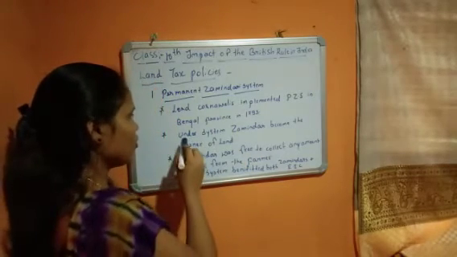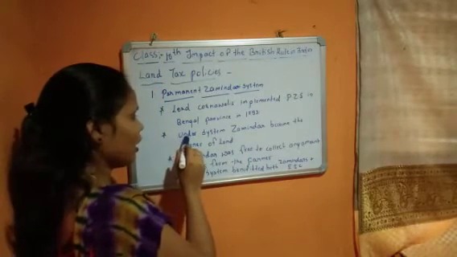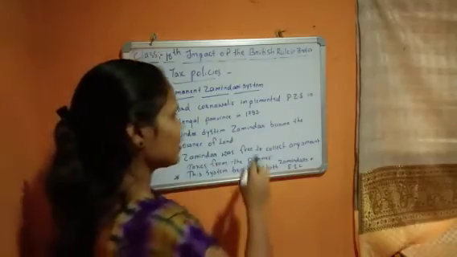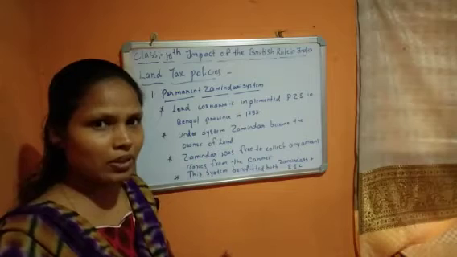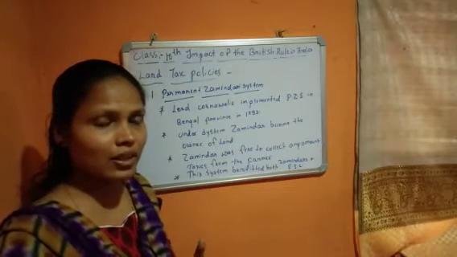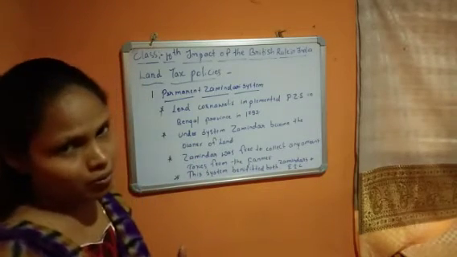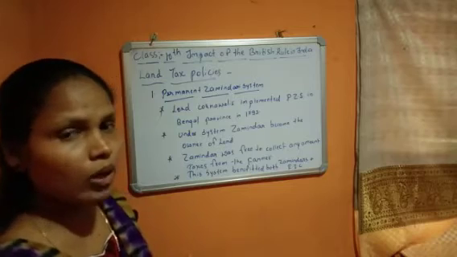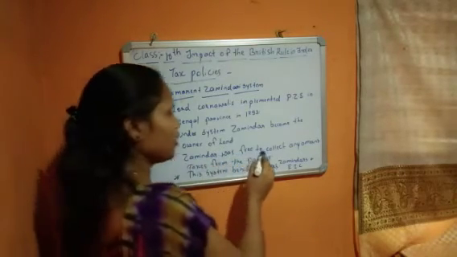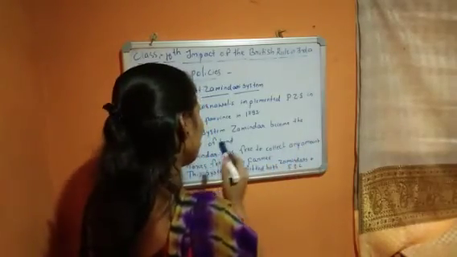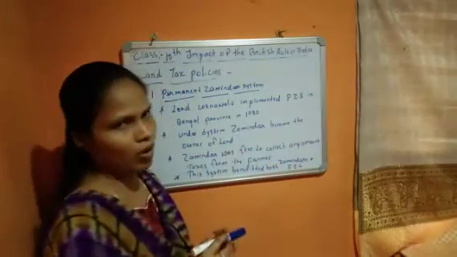So under this system the zamindar became the owner of the land. The zamindar, the person who is collecting tax from the farmer, became the owner of the land. Then the zamindar was free to collect any amount of taxes from the farmers.